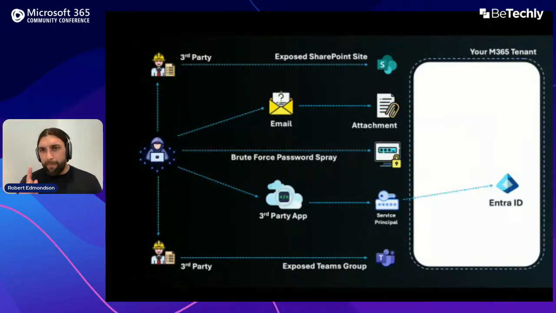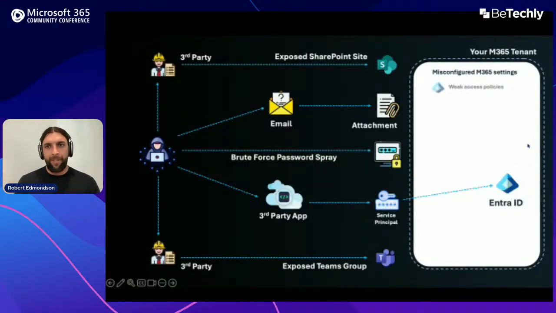But by far the biggest issue here is all of the configurations that exist in your Microsoft tenant. Misconfigurations can make it easy for cyber criminals to get in. In Entra, you can have misconfigured access policies. In Defender, you can have weakened security policies. Weak endpoint profiles in Intune.